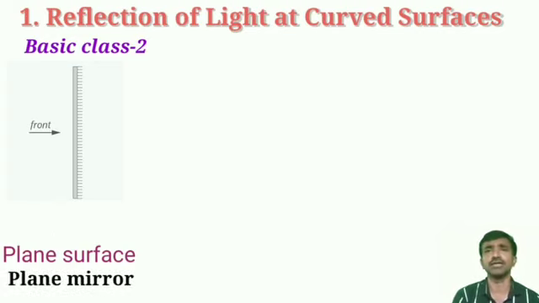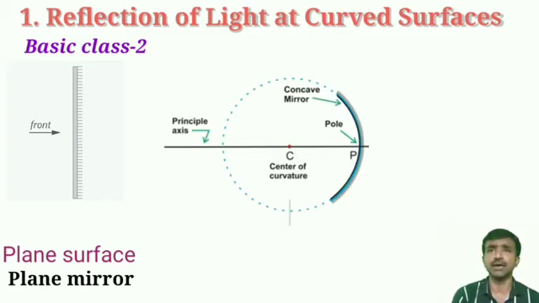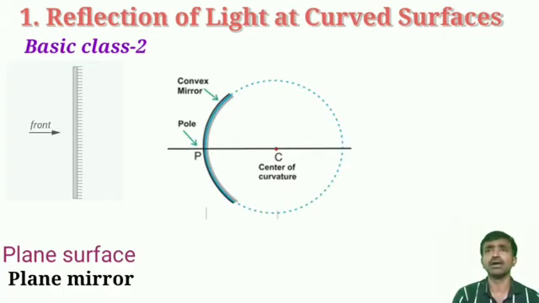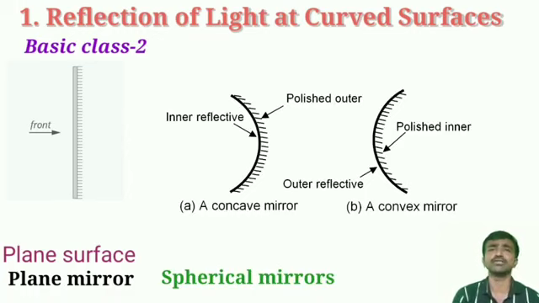Then what about the spherical mirrors, like concave and convex mirrors? A spherical mirror is a mirror that has a shape like a bulge or a curve inward, like a depth. These types of mirrors are called spherical mirrors.